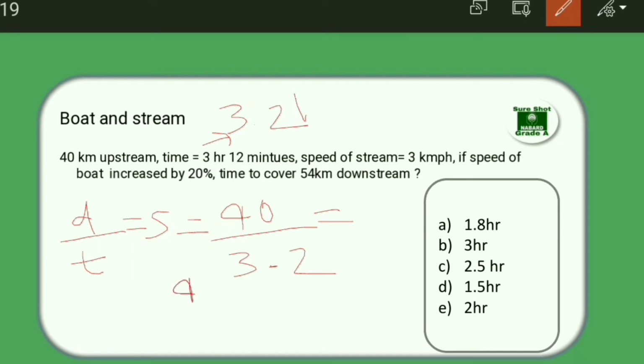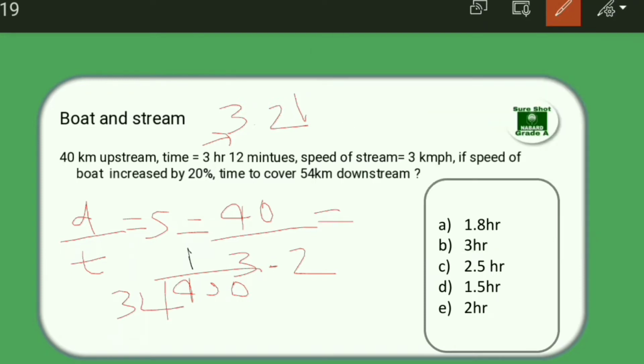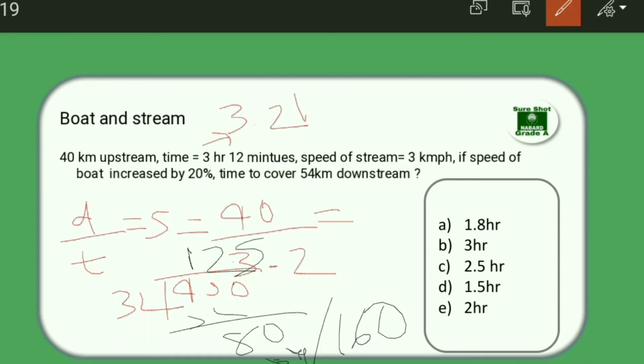We will have 400 by 32. 8 times 32 is 256, 64, balance is 16, we will get a point here, 160 by 32 is 5.